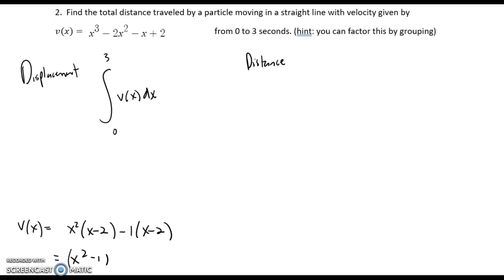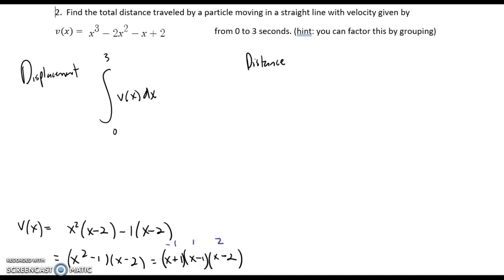And I get x squared minus 1 times the linear factor x minus 2, and I get x plus 1, x minus 1, x minus 2. Okay, that means the intercepts are at x equals 2, x equals 1, and x equals negative 1.